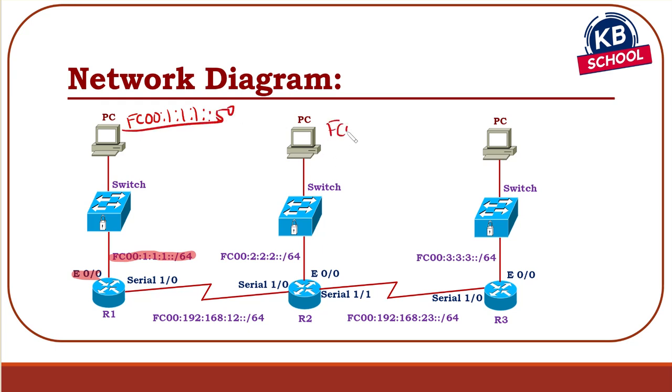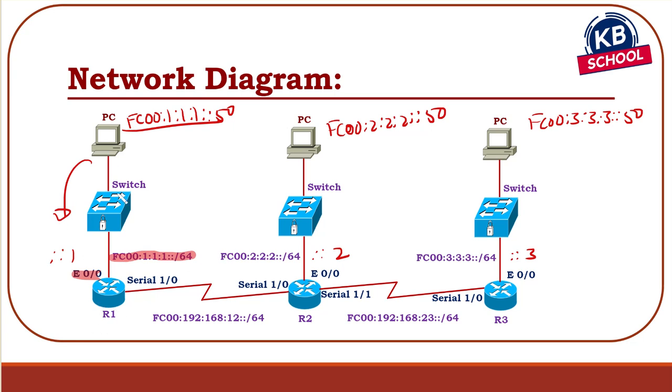This guy is FC00:2:2:2::50, and this guy is FC00:3:3:3::50. These guys are ::3, ::2, and ::1 as IP addresses, and they would be the default gateway for them.